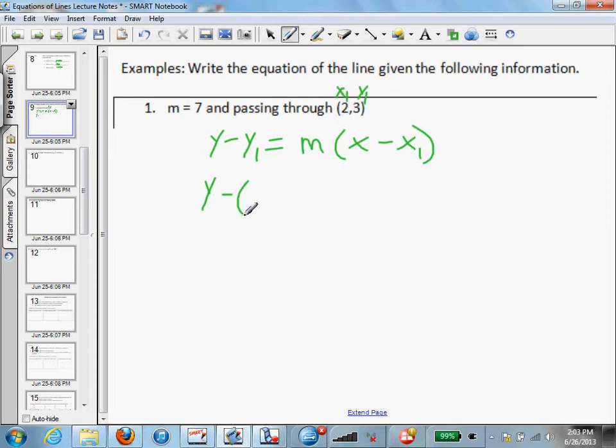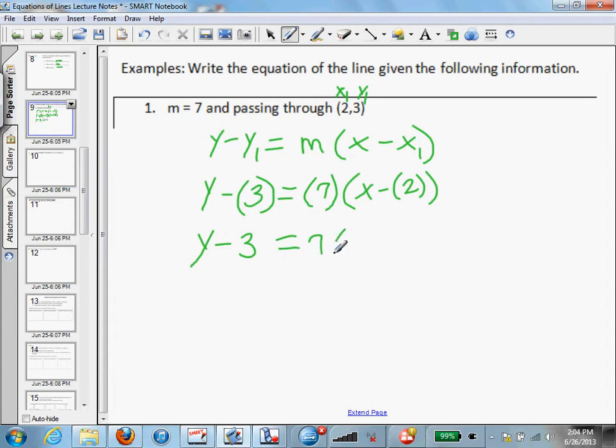I'm going to label those. So minus 3 for y1, minus the slope, which is 7, times the quantity of x, which we do not mess with, minus x1, which in our case is 2. Now, let's simplify our equation. So, y minus 3 equals 7 times the quantity x minus 2.